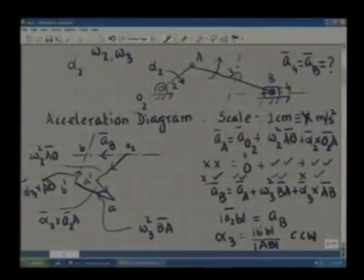Similarly, in the acceleration diagram, O2 is the pole, capital A, capital B, small b.